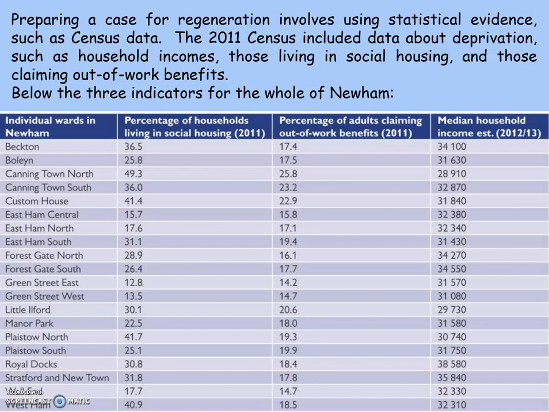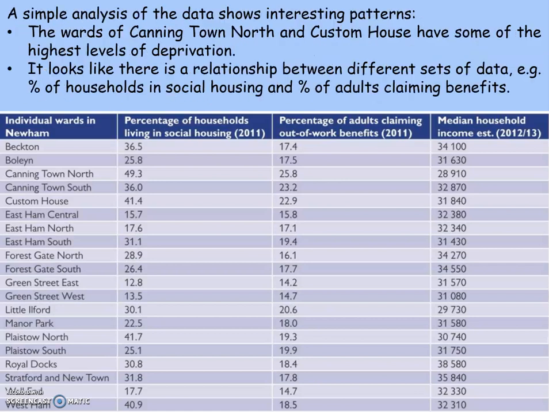So the 2011 census data included data about deprivation, such as household incomes, people living in social housing and claiming out of work benefits. So the table shows you the 3 indicators for the whole of Newham. Take some time to maybe stop the video here and just have a look at the figures, but I'll move on, because if you make a simple analysis of the data, there's some patterns there.